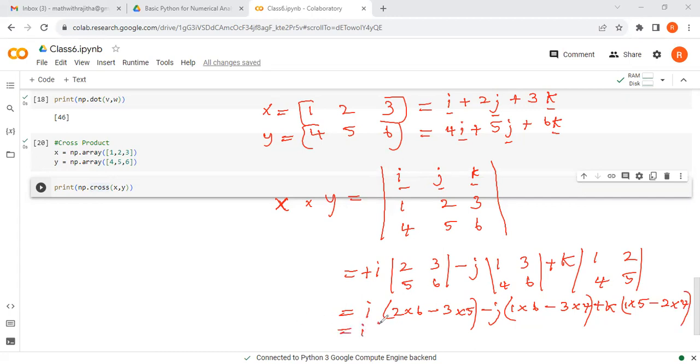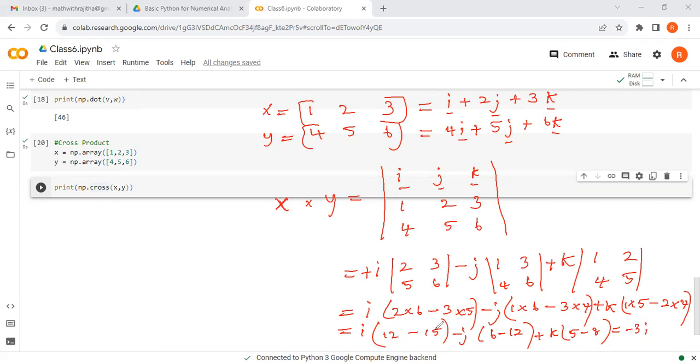So 2 into 6 is 12 minus 15, which is minus 3i.